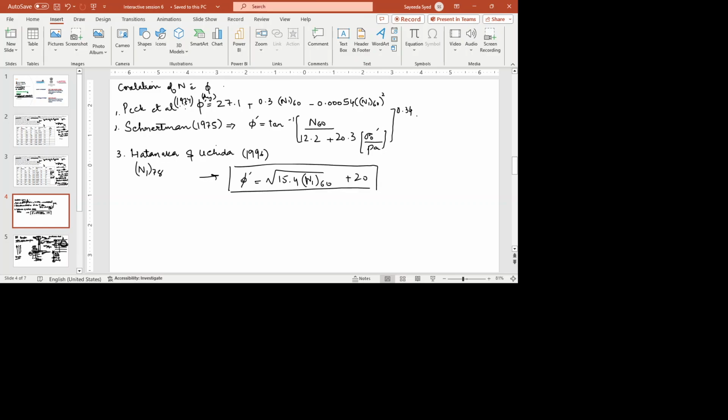So these are the three correlations with phi we can see. You can use any of those, it is not a problem. But you should know that the equations are approximate.